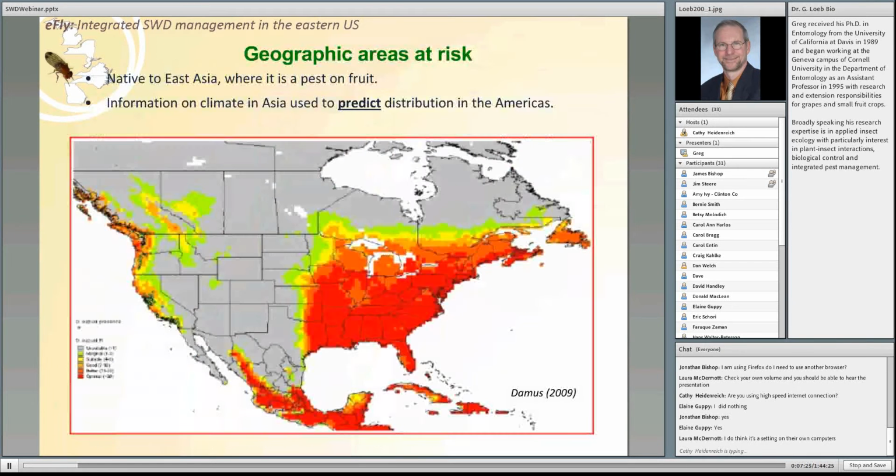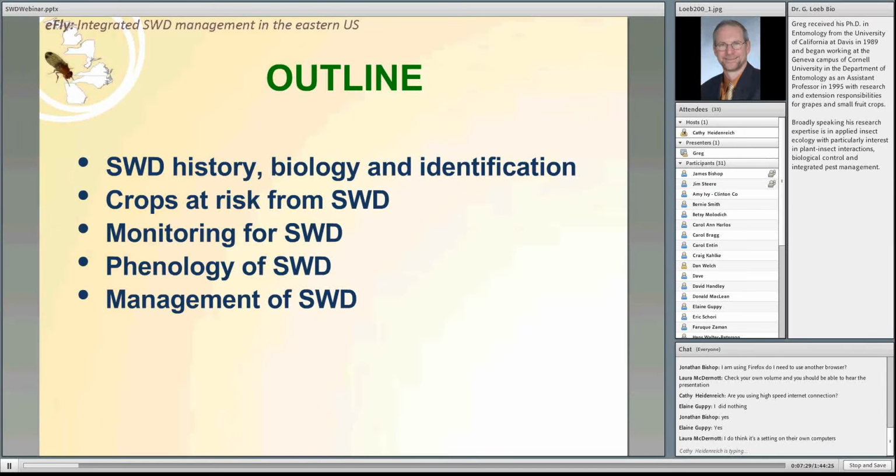Okay, so the outline I want to use today covers 5 areas. First off, I want to do a fairly quick review of the history of spotted-winged Drosophila, a little about its basic biology, life history, and how to identify the adult stage. Secondly, I want to talk about what I feel are the crops at most risk for spotted-winged Drosophila damage, particularly in the eastern United States with a focus on the Northeast.